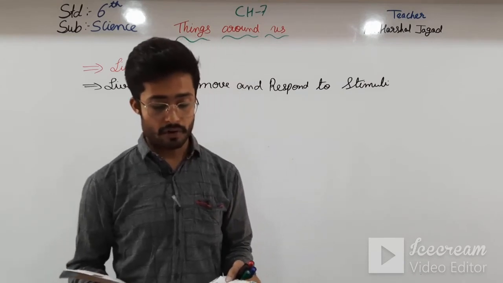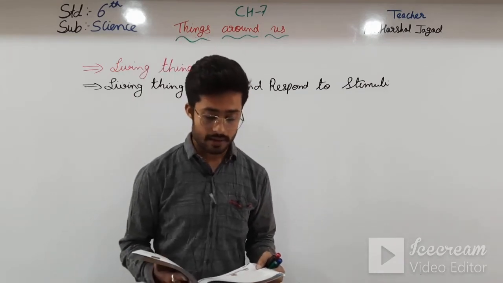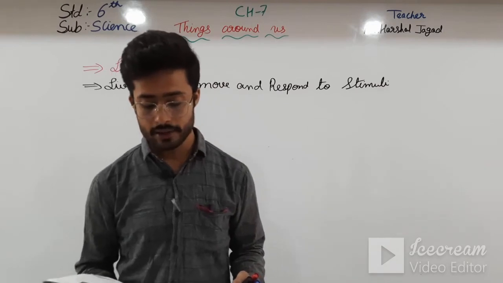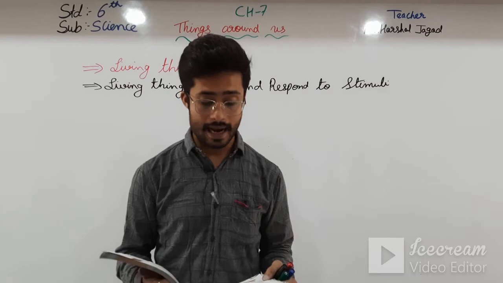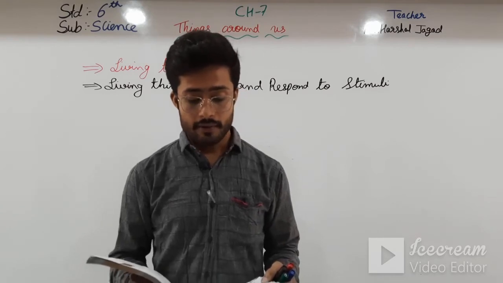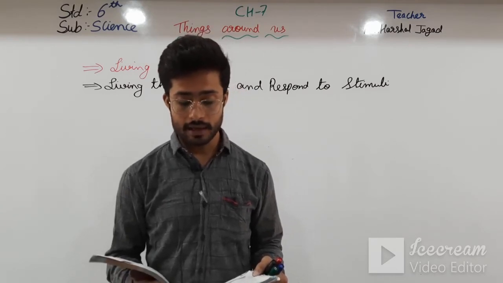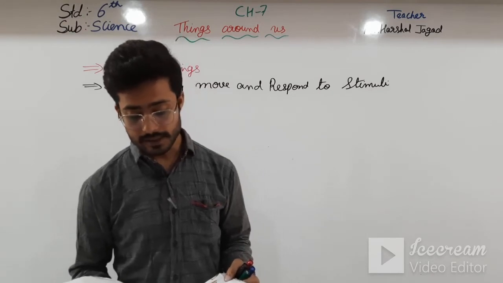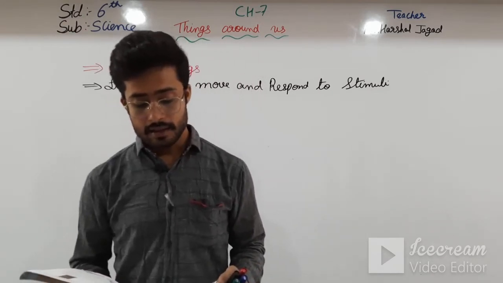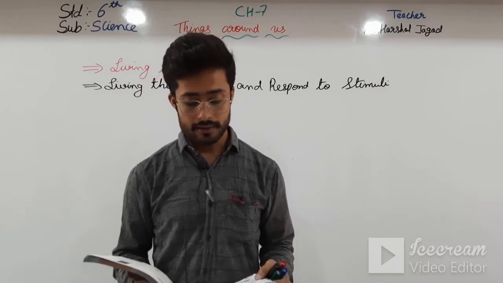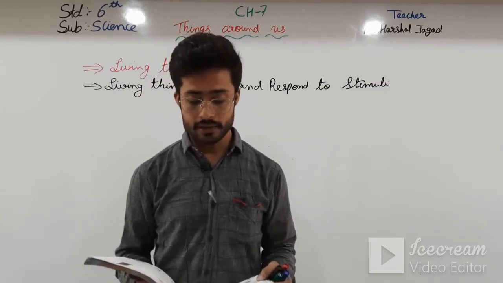Although plants do not move from one place to another, they however show movement of certain parts such as leaves and roots. In response to the change in the immediate environment, the leaves of the touch-me-not plant curl up when we touch them.